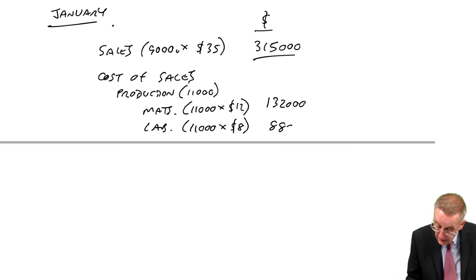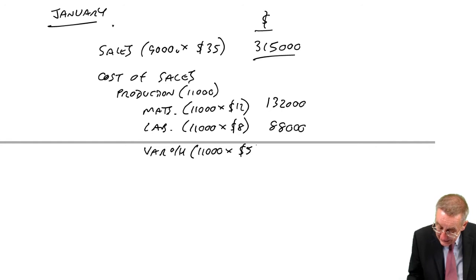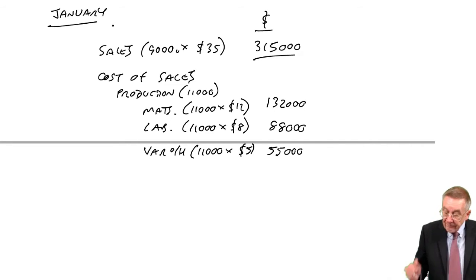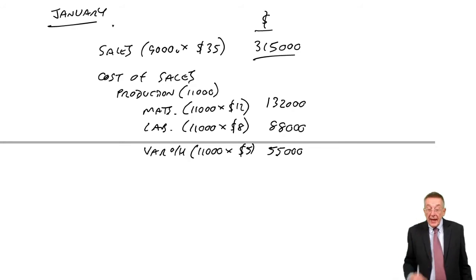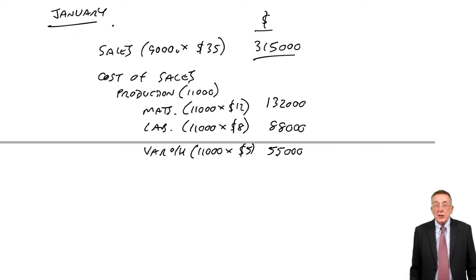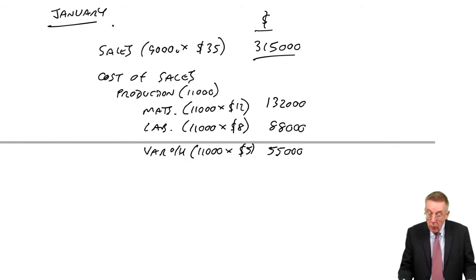The variable overheads, I can remember then it was $5. But for the moment, we stop there. For the moment, we only bring in the variable costs of production.